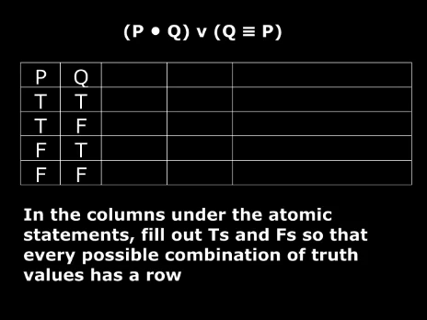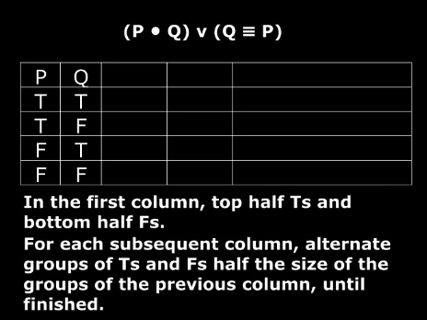Here's a recipe that you should use to ensure that you've got a good truth table that has all of the possibilities. In the first column, in this case P, you make the top half of that truth column T's and the bottom half F's.